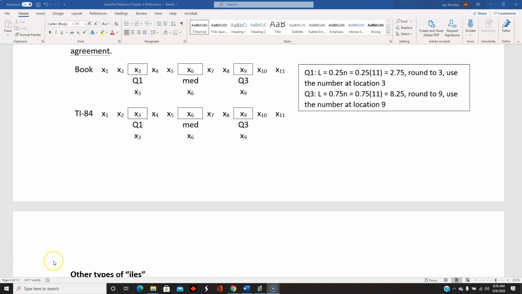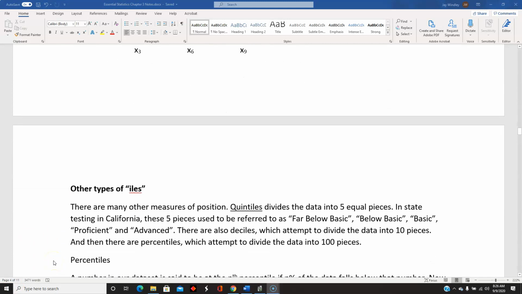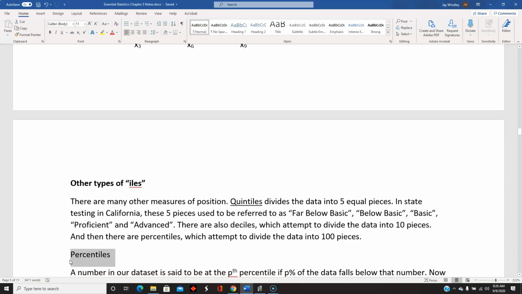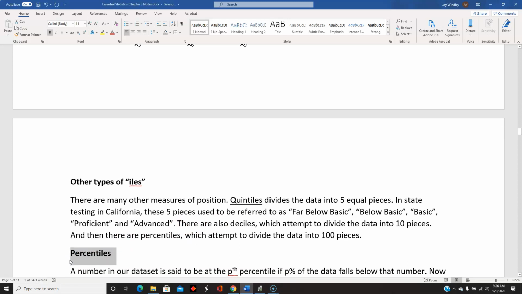There are other types of -iles. For example, there's quintiles, which instead of dividing the data into 4 pieces, divide it into 5 pieces. And back in the day with the state testing in California, those 5 pieces used to be called far below basic, basic, proficient, and advanced.